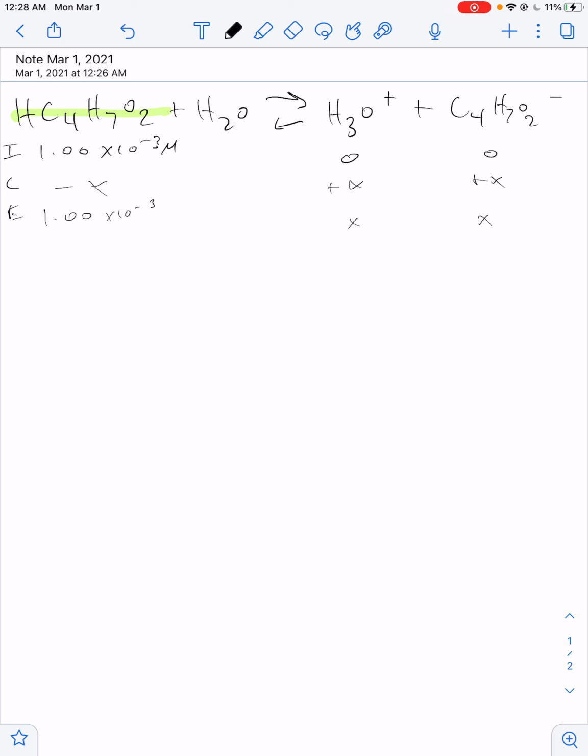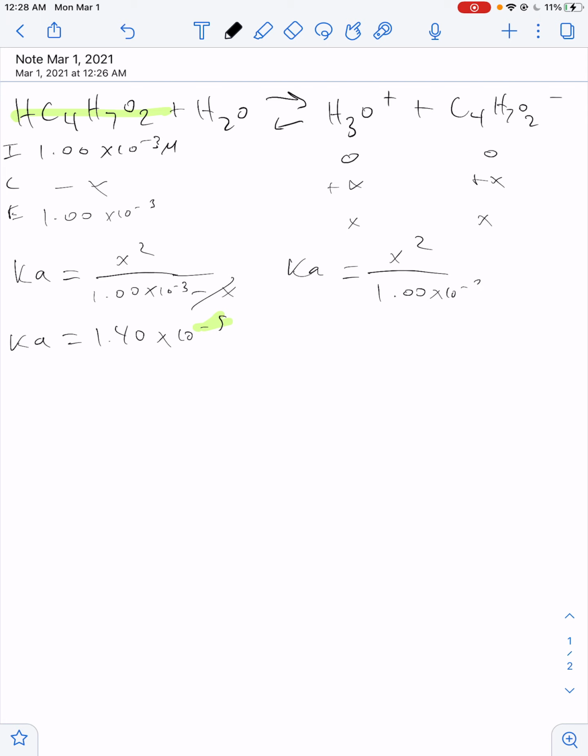Then we have Ka equals x squared over 1.00 times 10 to the negative 3 minus x. Our Ka is 1.40 times 10 to the negative 5. Since our Ka is super small, we can disregard this x, so Ka equals x squared over 1.00 times 10 to the negative 3.